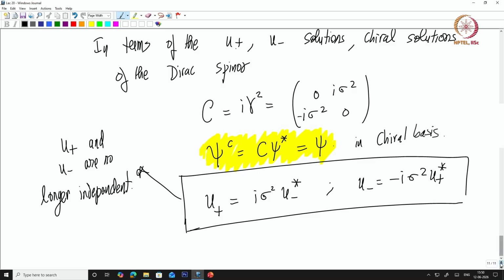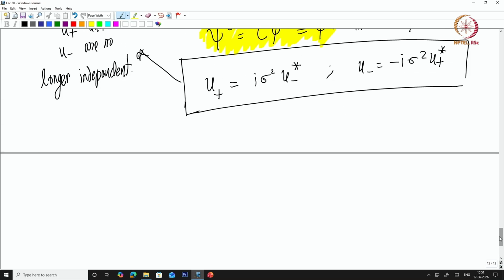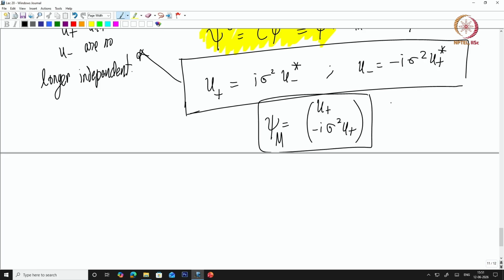So, in this case you have psi equal to, let me put in the Majorana thing, a 4-component Majorana spinor.